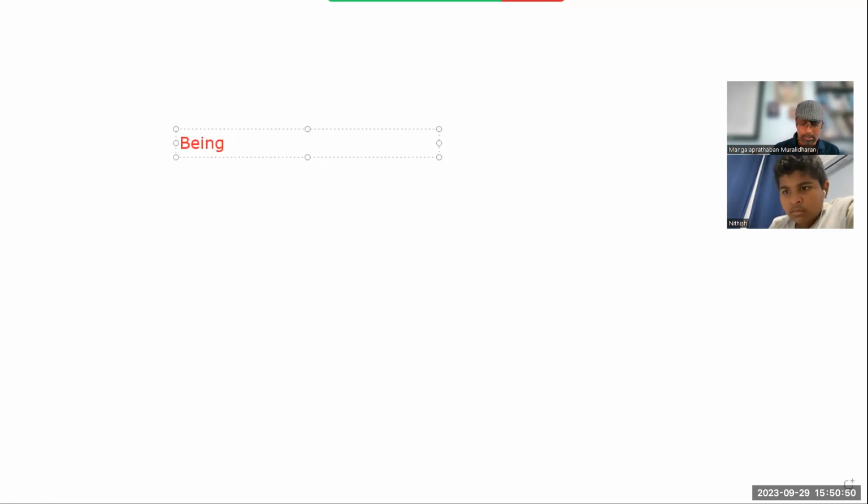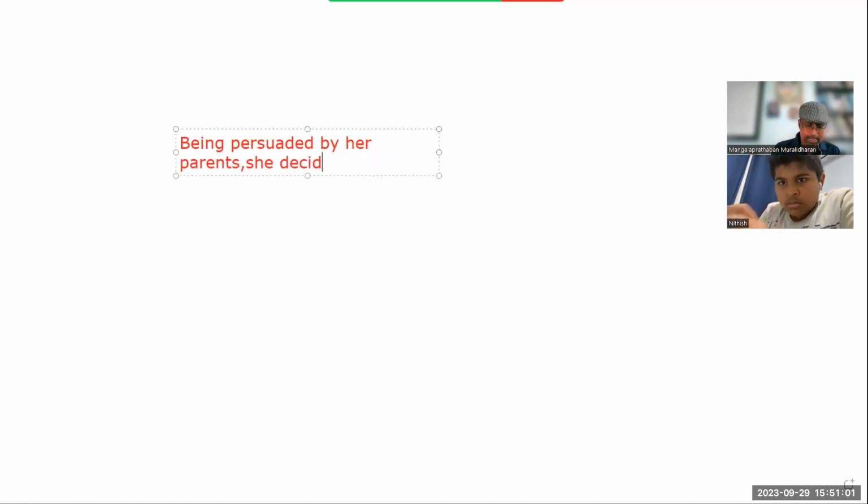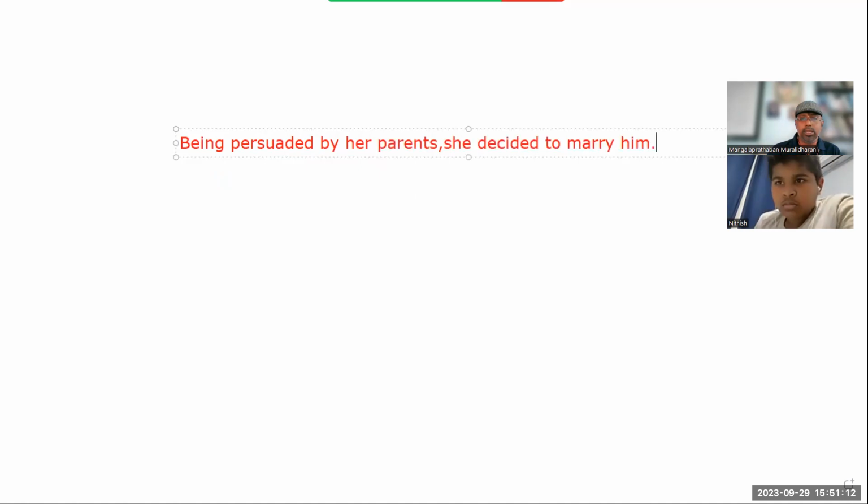Being persuaded by her parents, she decided to marry him. Okay? Being persuaded by her parents, she decided to marry him. Or I can give some more examples.